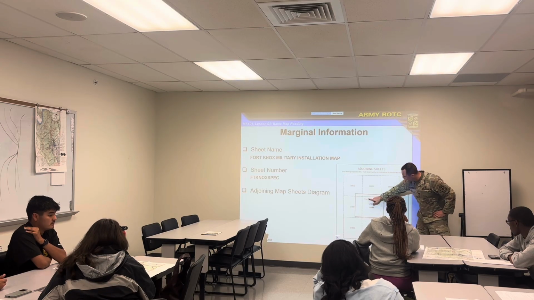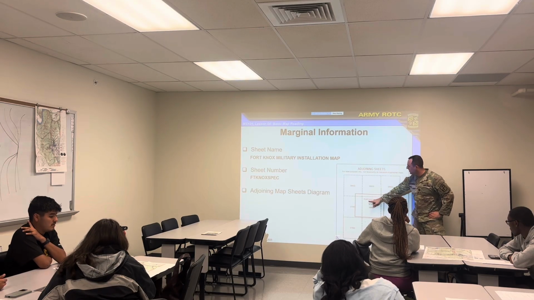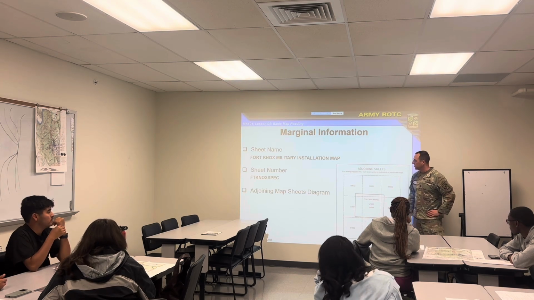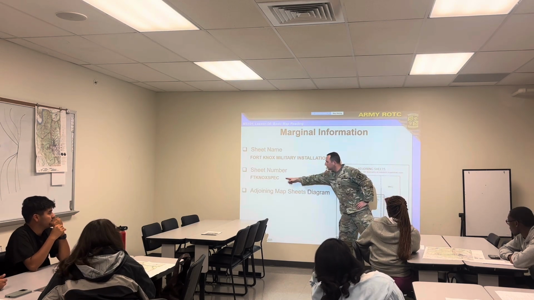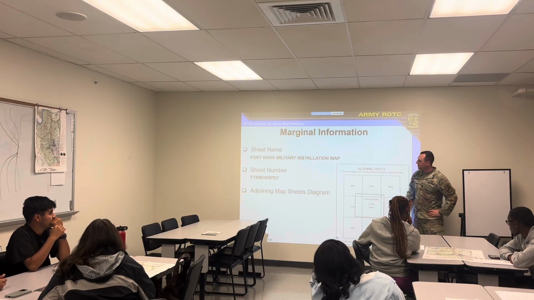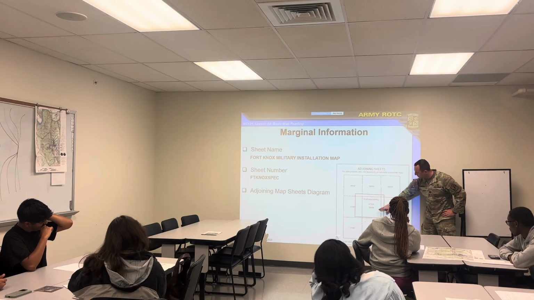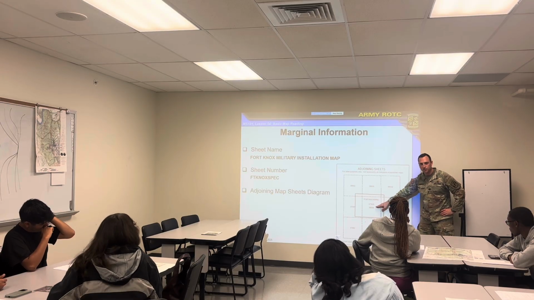So you'll see here in the middle will always be the map that you have. As this says, this example is the Fort Knox military installation map. Here is the sheet number, Fort Knox SPEC, and you can see here it says Fort Knox SPEC. There's also a code designated to it as well.